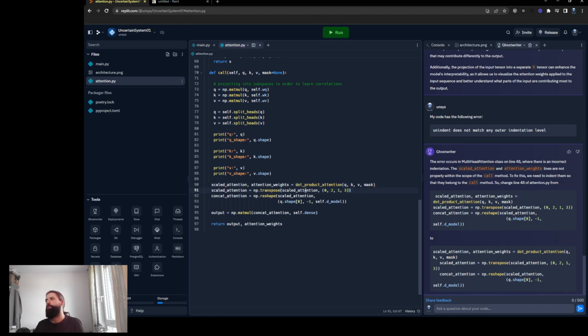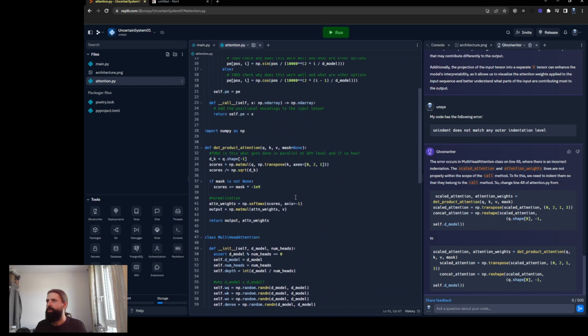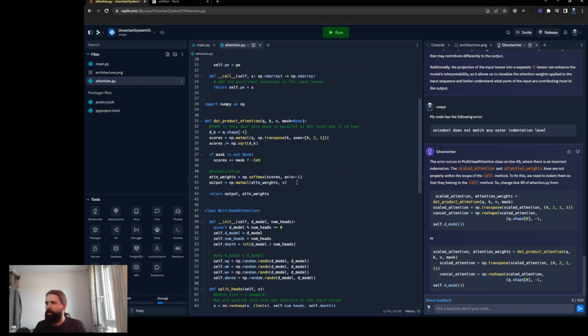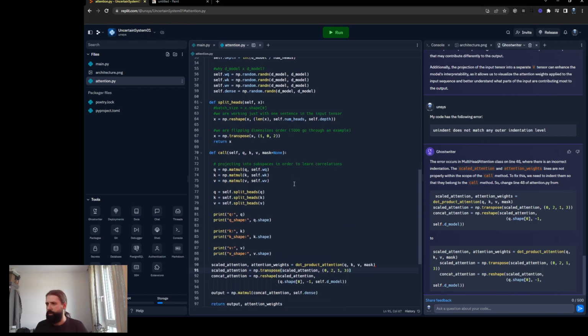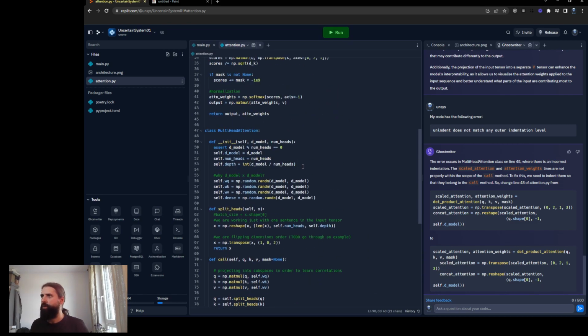But I think, okay, we haven't run this, but it's been 30 minutes of at least theorizing about that. So what is happening here is, if we ignore for a second the multi-head stuff, you do the dot product attention. I think we'll just separate that into a function.